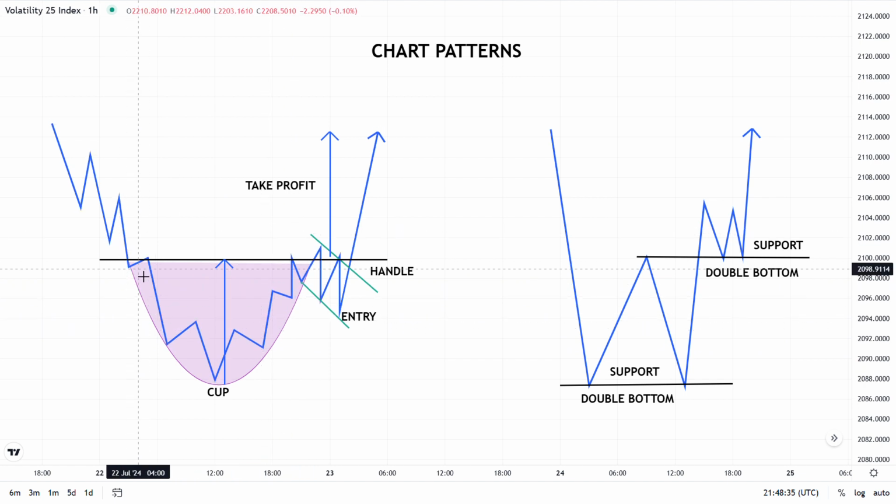You can go to your charts, and if you see this chart pattern, you're going to see how all the wicks, all the lows are rounding up and pushing to the upside. This pattern forms a key resistance level. It consists of a rounding bottom, the cup, followed by consolidation, which is the handle, and a breakout from the handle as well.